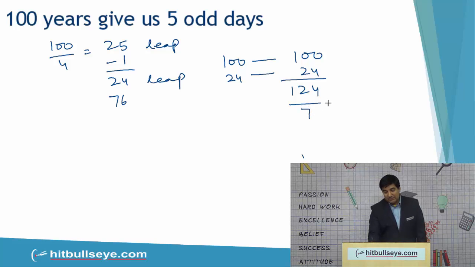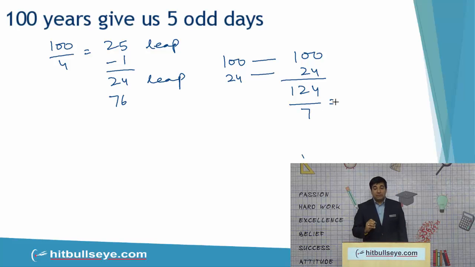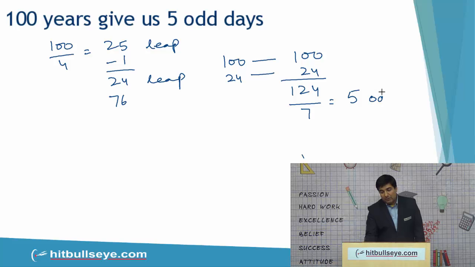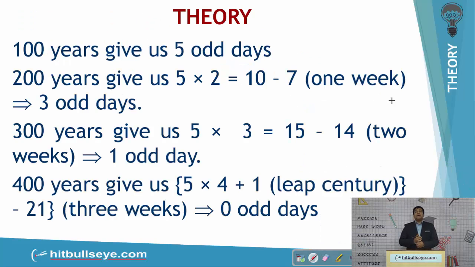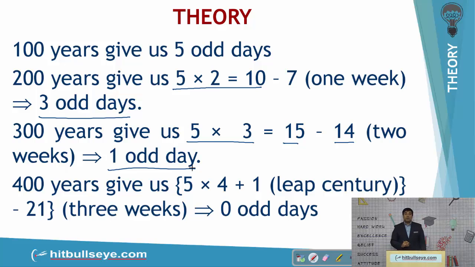Now dividing this by 7, 119 is a multiple of 7, so we are left with 5 odd days or extra days in a century. Likewise, 200 years would give us 5 into 2, 10 minus 7, that is 3 odd days. 300 years would give us 5 into 3, 15 minus a multiple of 7, 14, that is 1 odd day. And 400 years, being a leap century, would have no odd days.